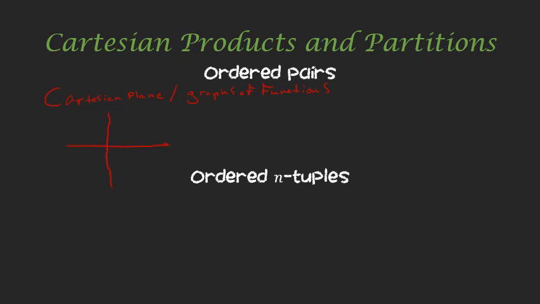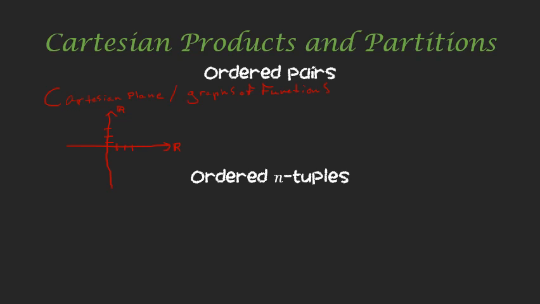So here I'll draw a little Cartesian plane for us. That's real numbers along this axis and real numbers along this axis. Usually we call the horizontal one the x-axis and the vertical one the y-axis. Every point inside of the plane is associated with an ordered pair.